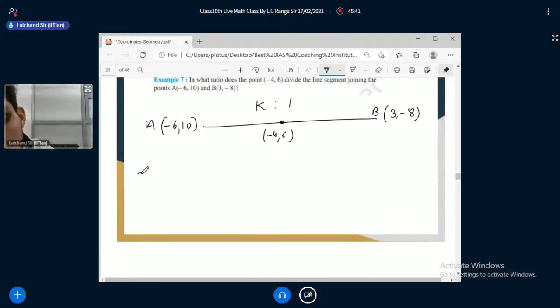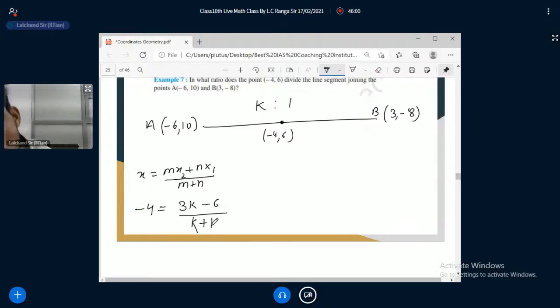If we write the x coordinate, that is m x2 plus n x1 divided by m plus n. Minus 4 is equal to k into 3, that is 3k, plus 1 into minus 6, divided by k plus 1. If we simplify by cross multiplying, we have minus 4k minus 4 equals 3k minus 6, isn't it?